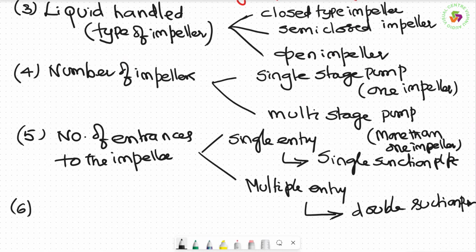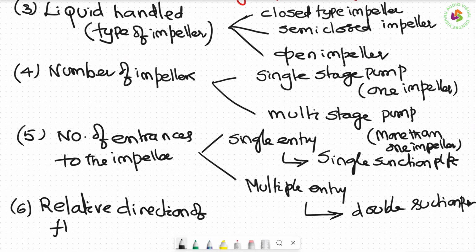The last, sixth, is the relative direction of flow through the impeller.